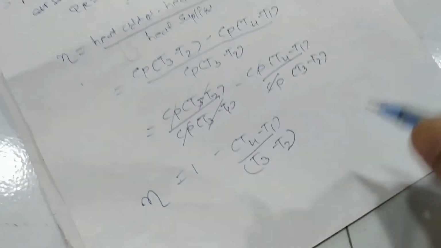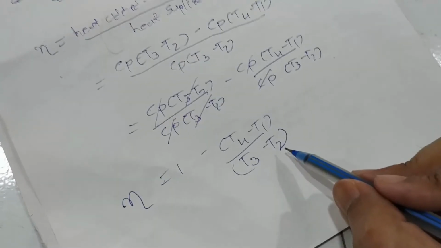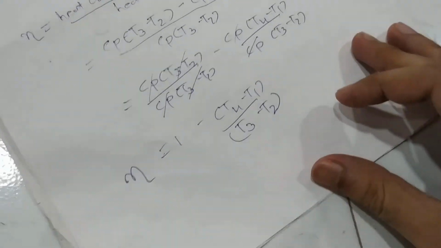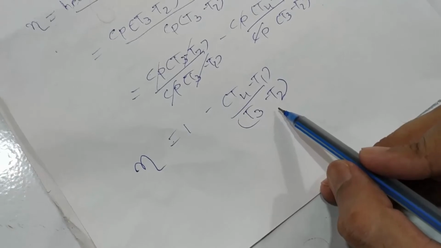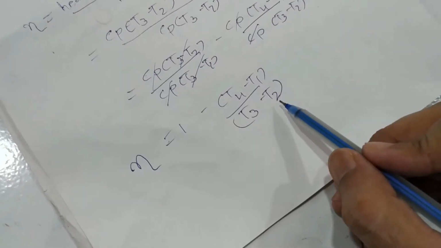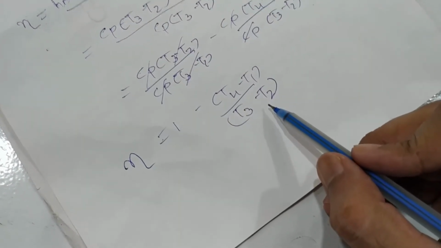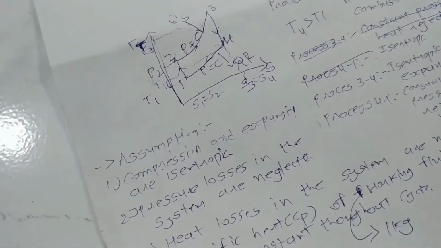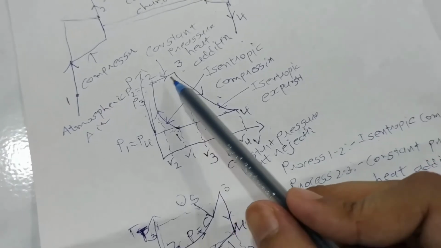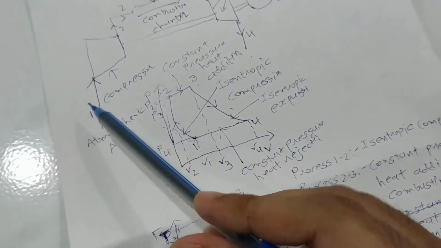This is the formula to find efficiency, but I can find the values of T3 and T2 if I want. So I will do that first. If I want to find the value of T2, I will first consider process 1 to 2, which is the compression process.